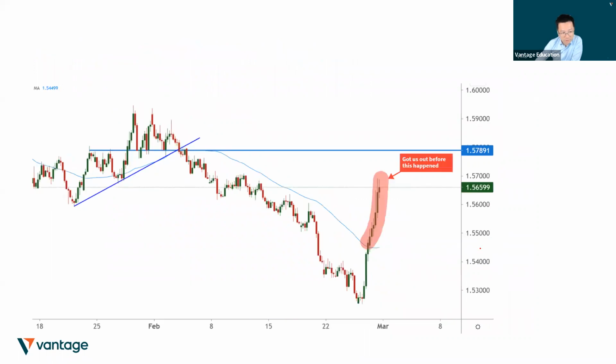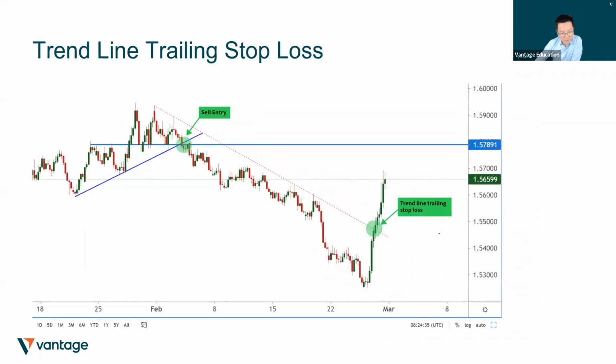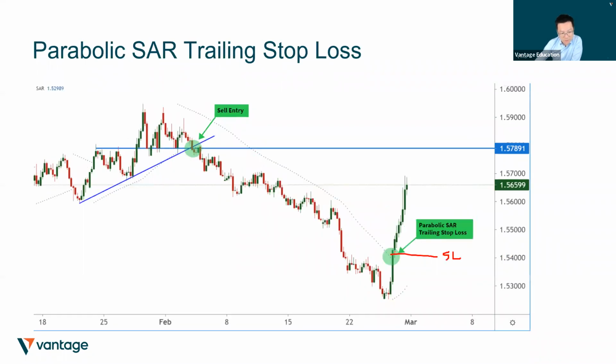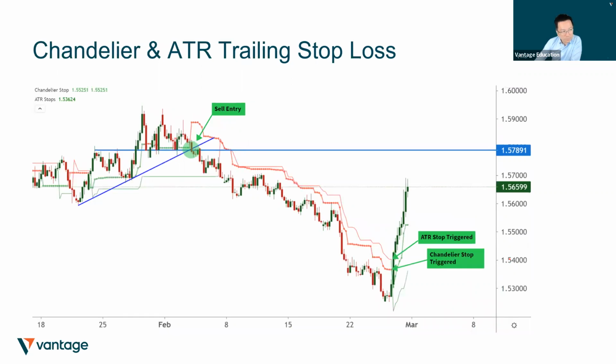The trend line is about that level between 1.54 and 1.55, so it's about that level as well. The PSAR is slightly earlier at just about 1.54. And then the chandelier or the ATR is also about that 1.54 level.